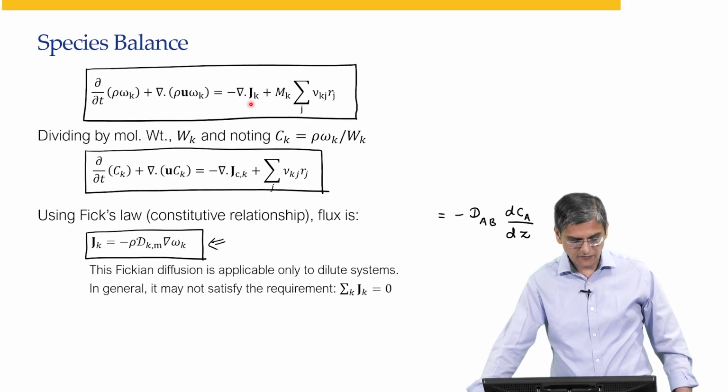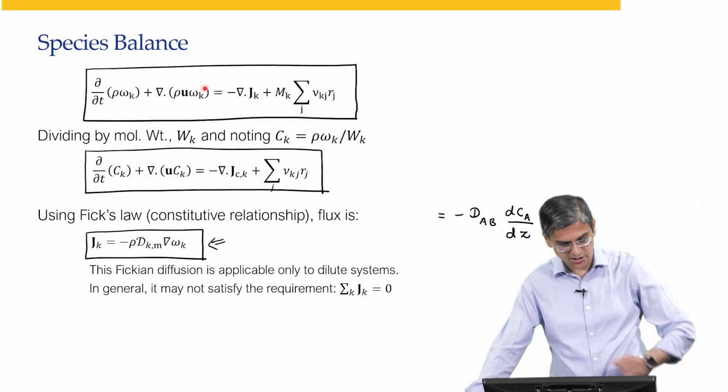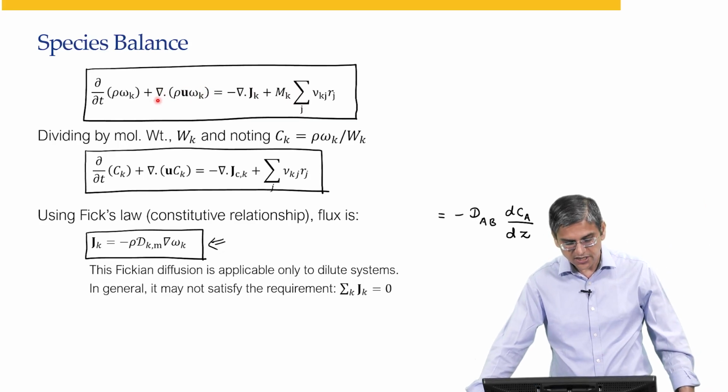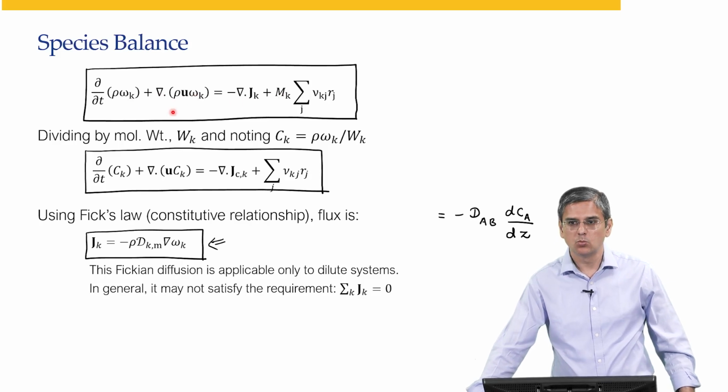PFR you obtain by saying d by dt is 0, this term is present, diffusion is 0, this term is present, and things only vary in the axial direction. So you get d by dz of rho u omega k. You divide this by molecular weight, it becomes d by dz of u c k.